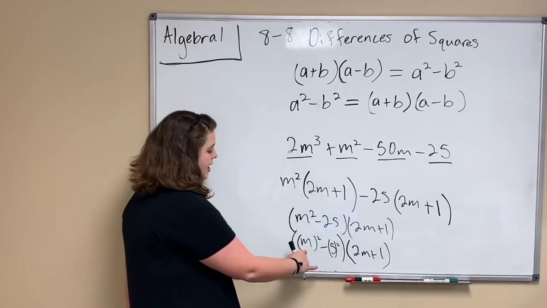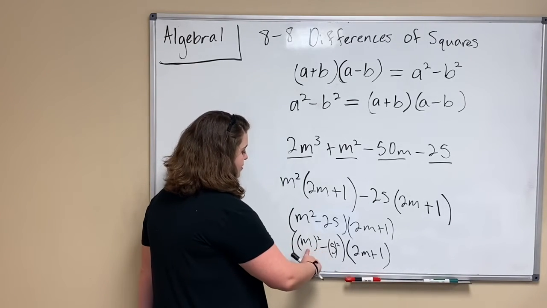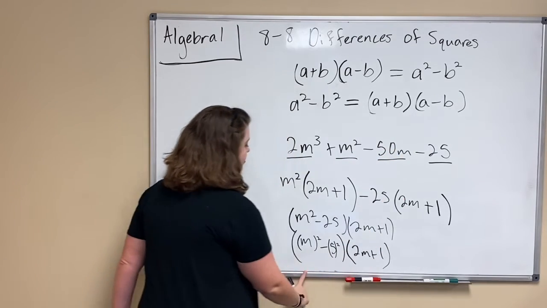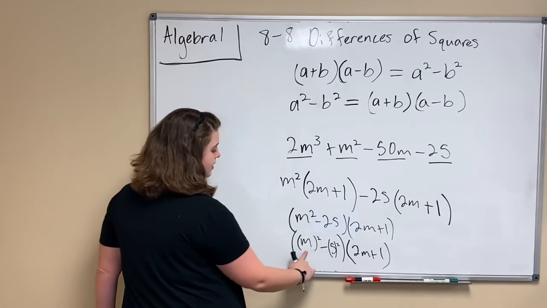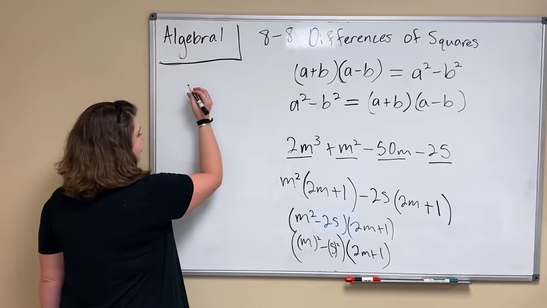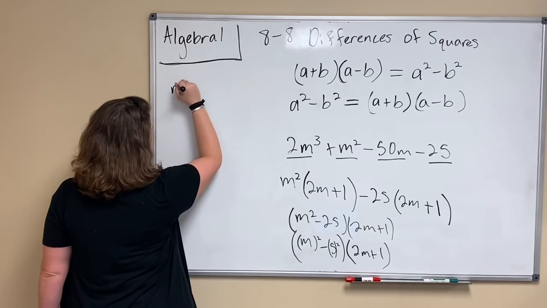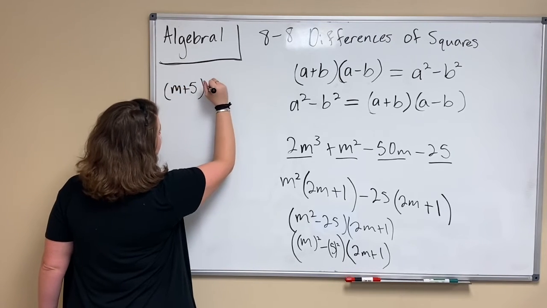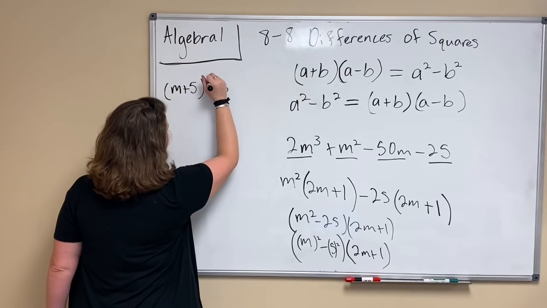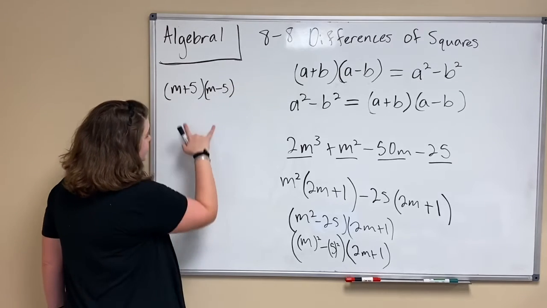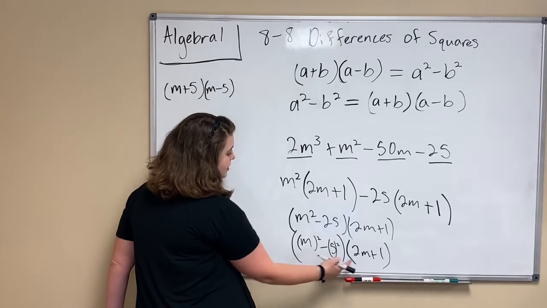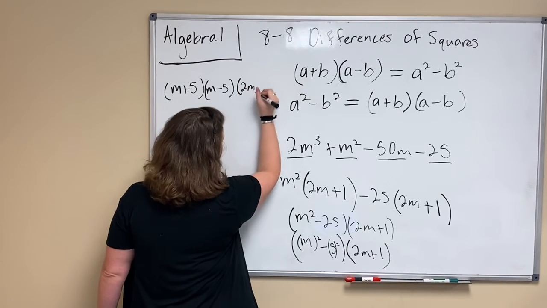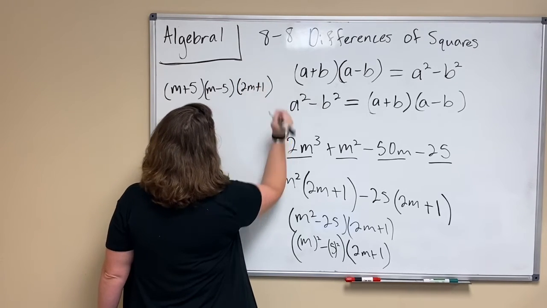Now we know when we have a perfect square minus another perfect square, I can rewrite it just like this. So this whole thing is going to become, here's our a, here's our b. So we can rewrite that as m plus 5 times m minus 5. That's what equals this, and then we have to keep this with it. So we're going to say 2m plus 1.